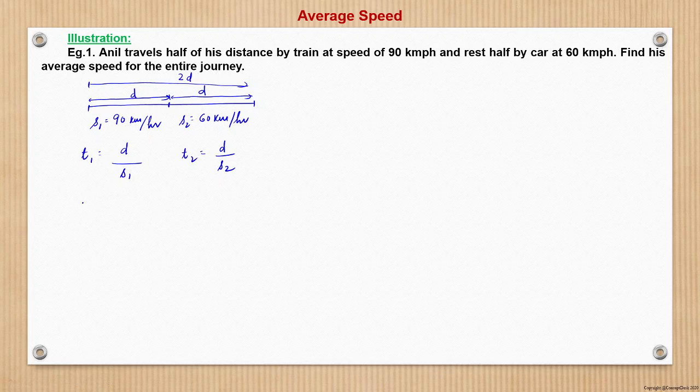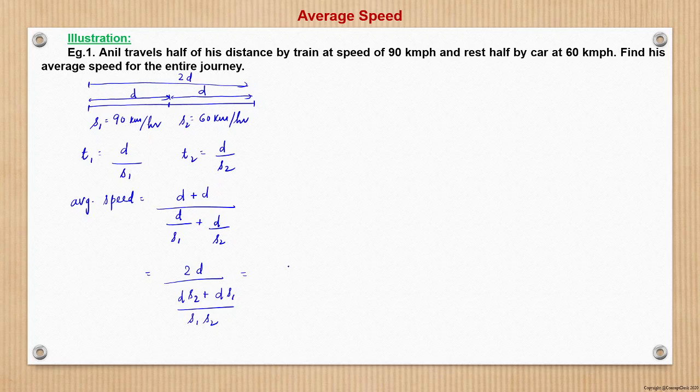So now the average speed will be what? Total distance 2d, that is d plus d, upon total time T1 plus T2, d upon S1 plus d upon S2. If we solve this, it becomes 2d upon (d s2 plus d s1), and here the LCM would be s1 s2, right?